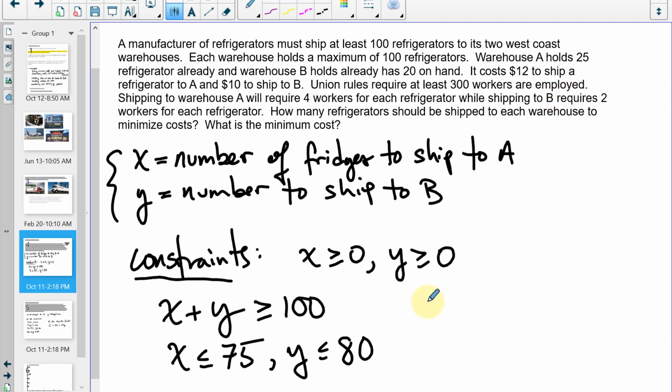We can capture that by saying if X is the number of refrigerators going to A, and each one requires 4, there's a multiplier there. 4 times X is the number of workers required to ship X refrigerators to A. And because shipping to B requires 2 workers, the number of refrigerators that go to B is multiplied by 2 to get the number of workers. It says at least, so the total number of workers has to be greater than or equal to 300. Alright, and that finishes off my constraints.